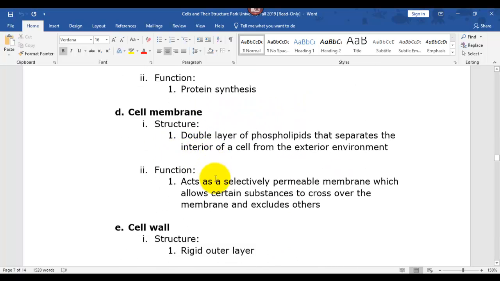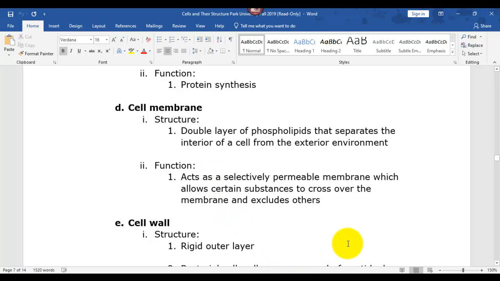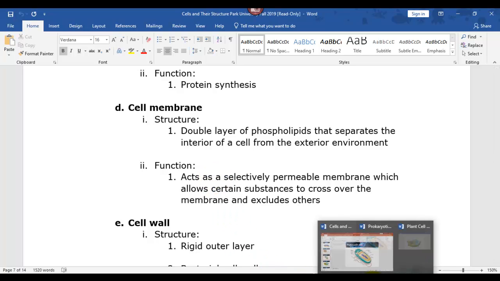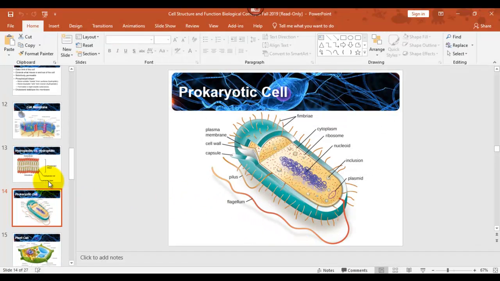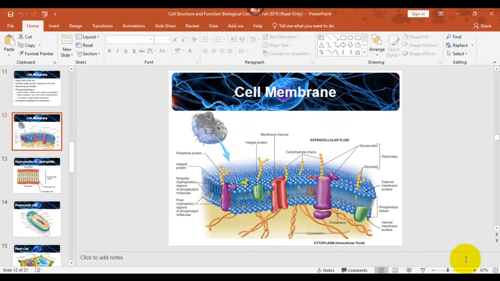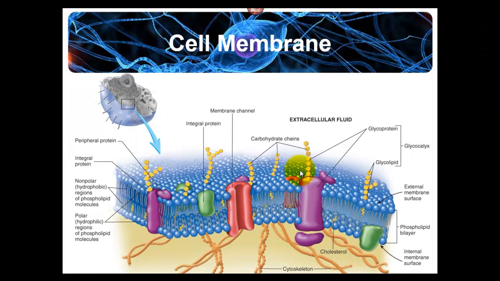The cell membrane, now, yes, they do have a cell membrane, and it is very comparable to a eukaryotic cell membrane. This is the PowerPoint that I gave you. So look, see the channels, and same thing: polar heads, nonpolar tails, or hydrophilic heads and hydrophobic tails.